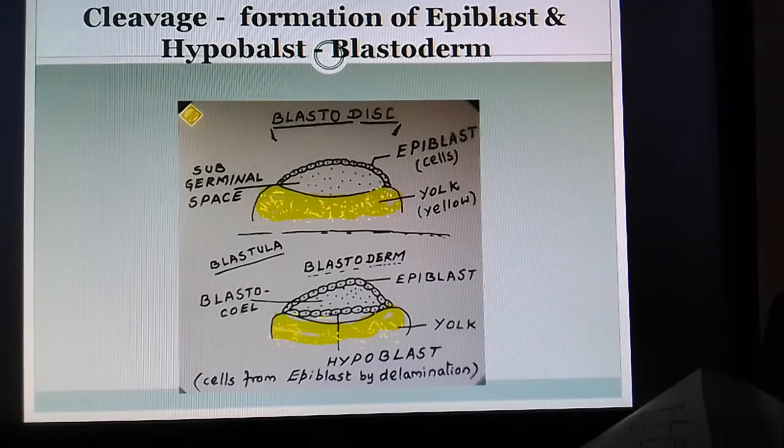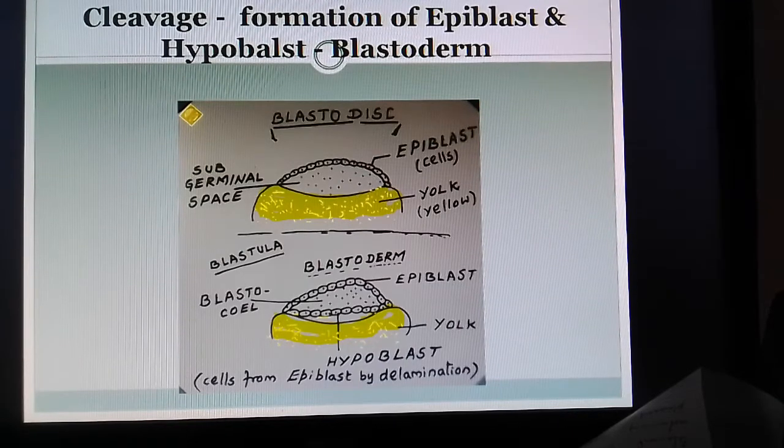Here you see the yellow yolk, and on the blastodisc region of the yellow yolk only this blastoderm is appearing. So it is in a limited portion of the egg, not the whole egg is being converted as we expect in other cases, in the lower animals.